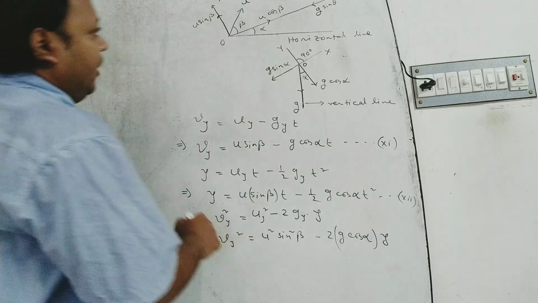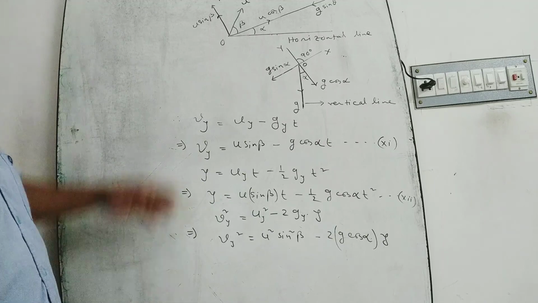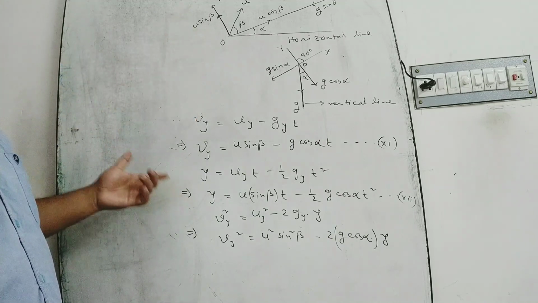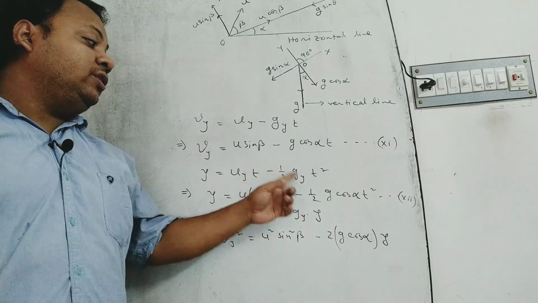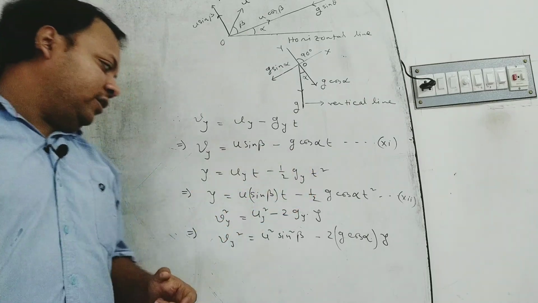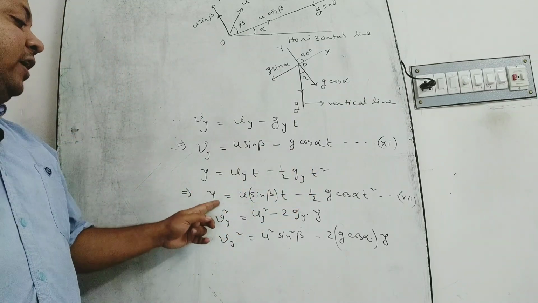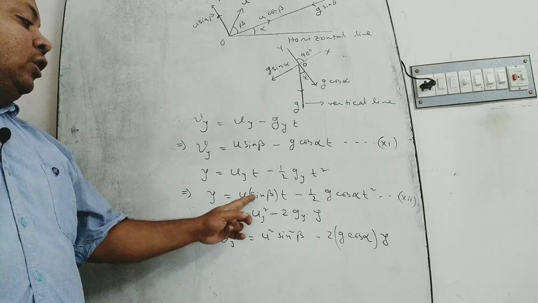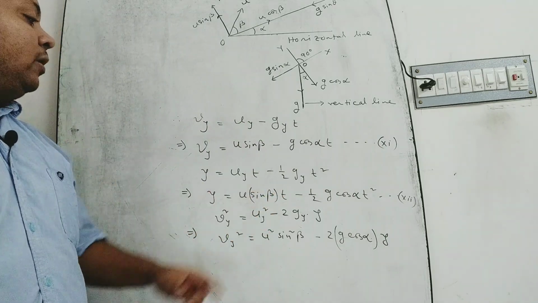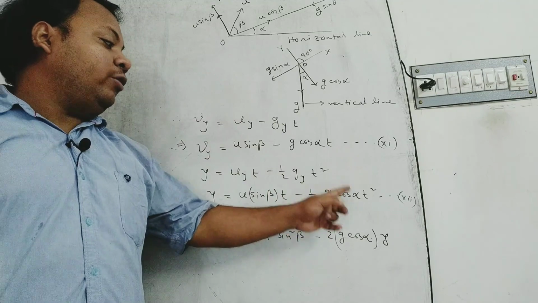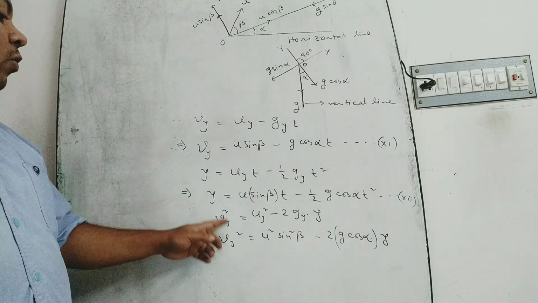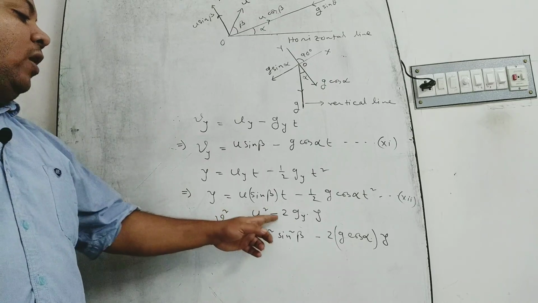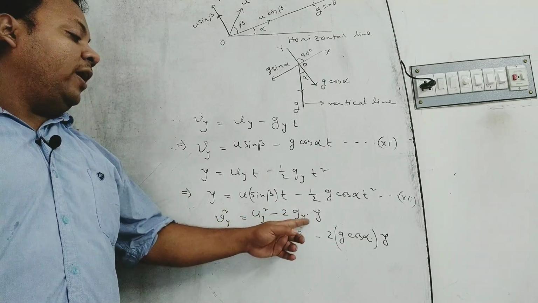And the displacement of the particle along the OY axis after time t is y is equal to Uy t minus half Gy into t square. This gives y is equal to u sin beta into t minus half g cos alpha into t square, and Vy square is equal to Uy square minus 2 Gy into y.